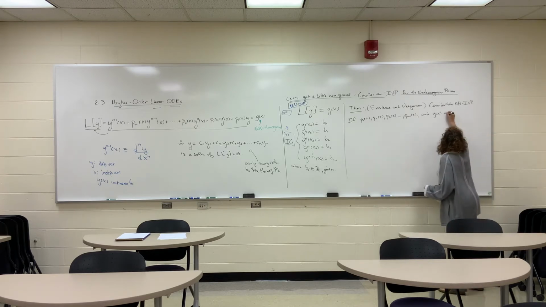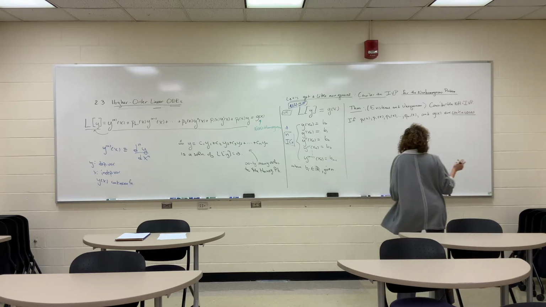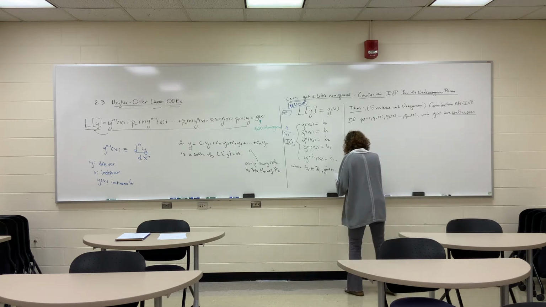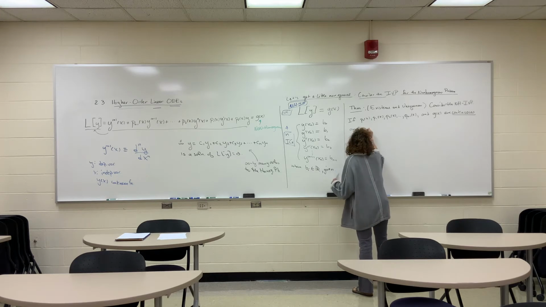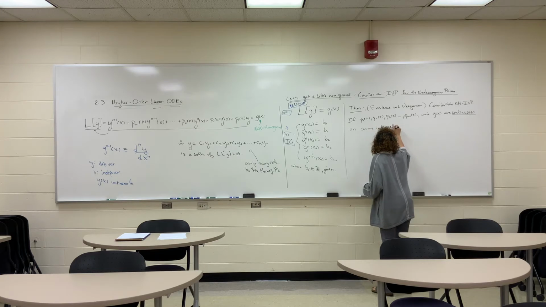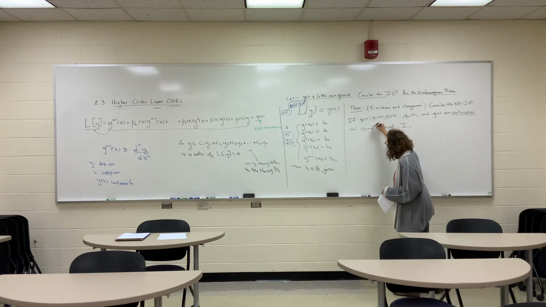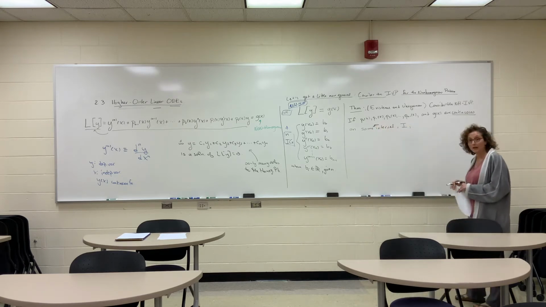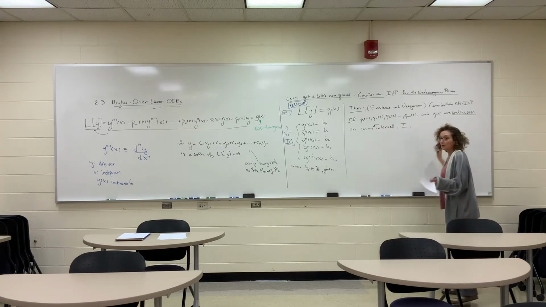If those are continuous, continuous functions, just like Calc 1 continuity, on some interval I, an open interval I, so what do you do? You look at each one of those coefficient functions and the right-hand side function.